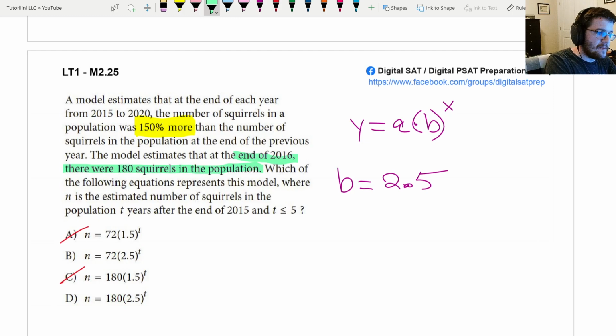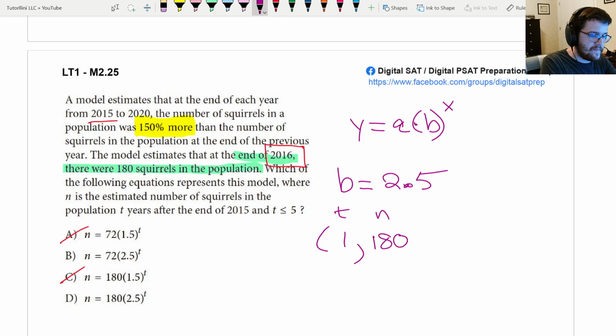But that's wrong, because t is from 2015. So this says 2016. So 2016 minus 2015, that's 1 year. So when t is 1, the squirrel population is 180.